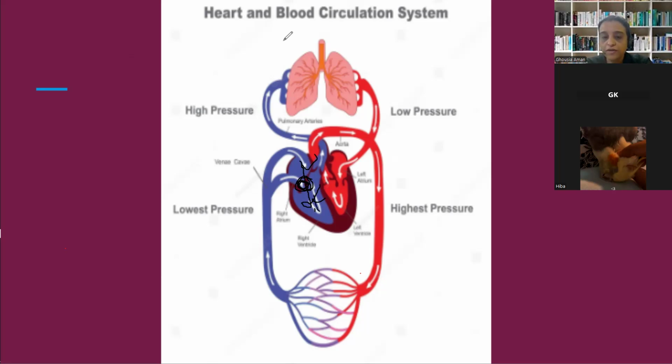So the blood first of all will be pumped from the right atrium. When the blood is pumped, the three doors will open. The blood will come down, the three doors will close so that the blood may not return back. So this is the advantage of having valves in our heart.